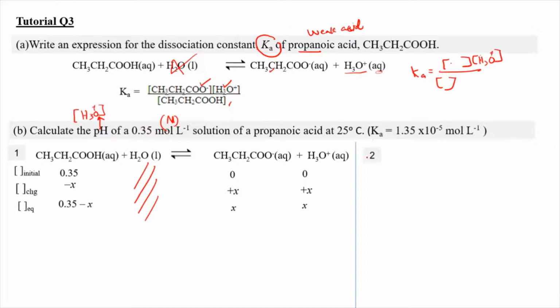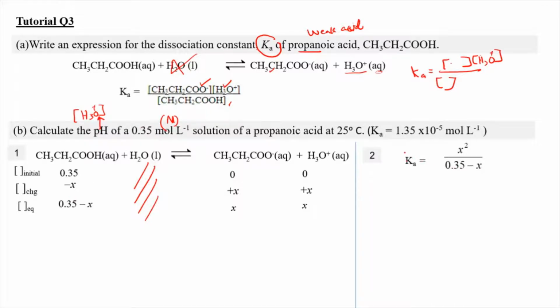Okay, so we're going to proceed with step number 2, which is we know that our Ka is basically equal to the CH3CH2COO minus with H3O plus divided by the CH3CH2COOH. So it's going to become x multiplied by x, which becomes x squared, divided by the concentration of the propanoic acid at equilibrium, which is 0.35 minus x.